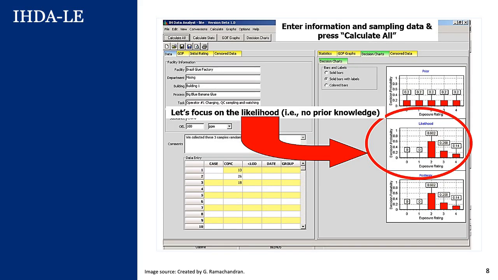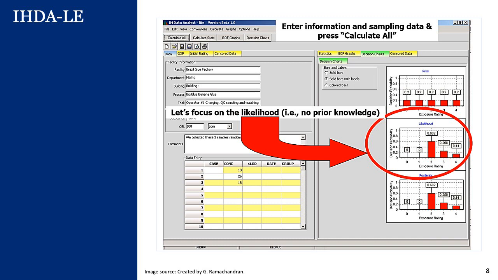So we have collected 3 data points, 13, 26, and 18, and these have already been entered into the second column of the spreadsheet, the bottom of the left-hand side of this page. The OEL is 100 parts per million, so that's been entered.